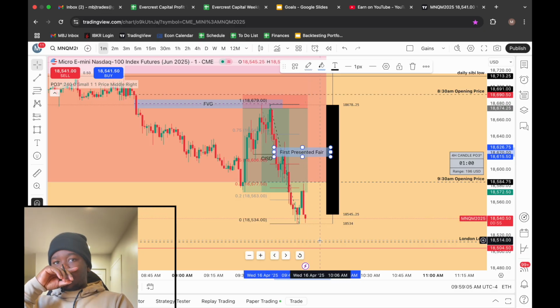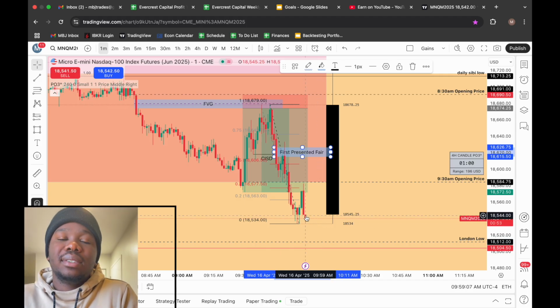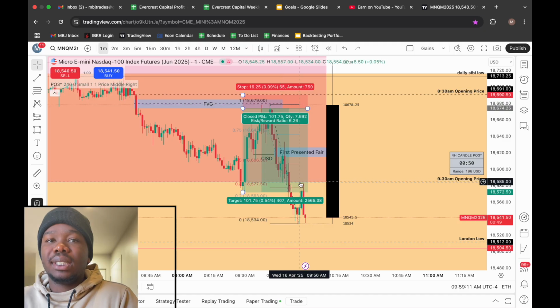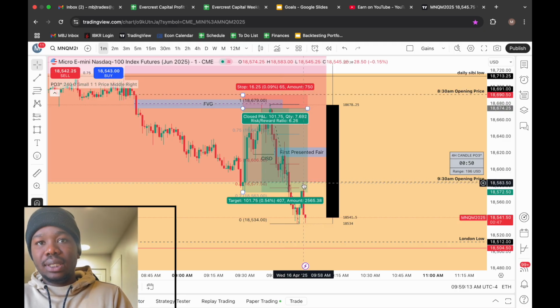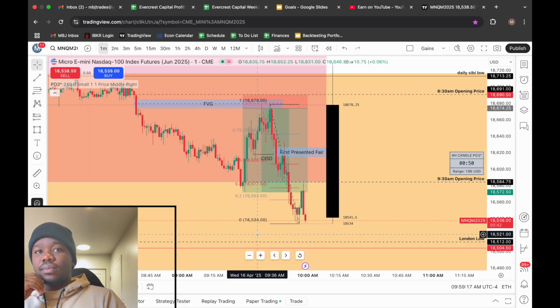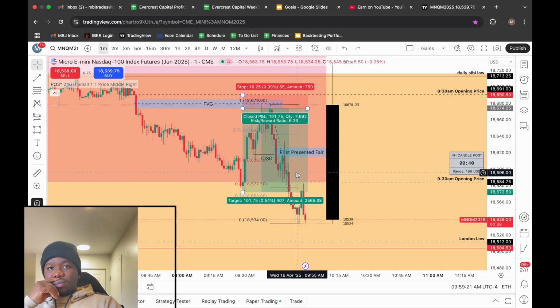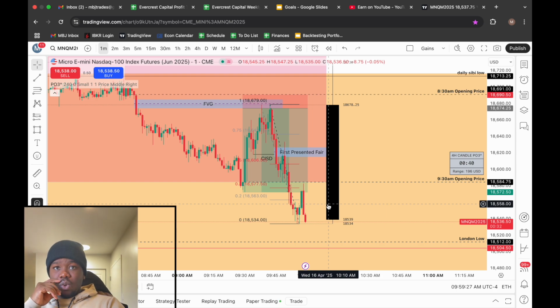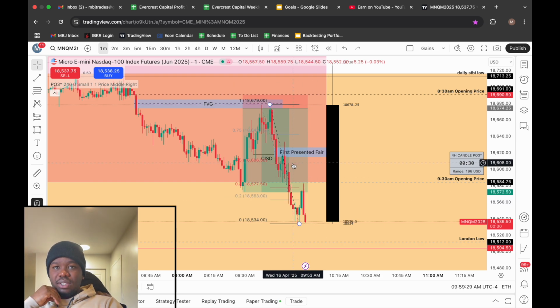So yeah, one thing I did learn with using my fib, because at first I never really used it, is that when price retraces, a lot of times we get to this level and then it'll turn around. And a lot of times, if we ever got above this 0.5 or 50% level, then it'll be a reversal move.